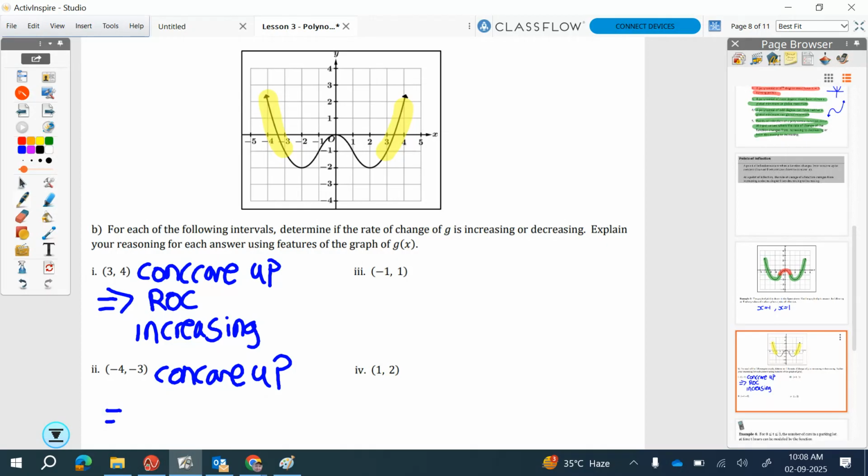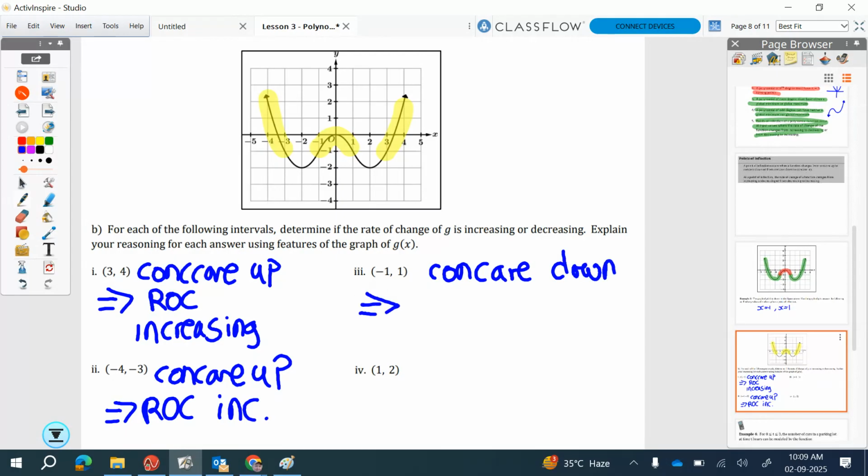This implies the rate of change is increasing. Interval 3, where is interval 3? Negative 1 to 1. Concave down. What does that imply? Decreasing. No. Concave down, what does that imply? Increasing. No. The rate of change is decreasing.